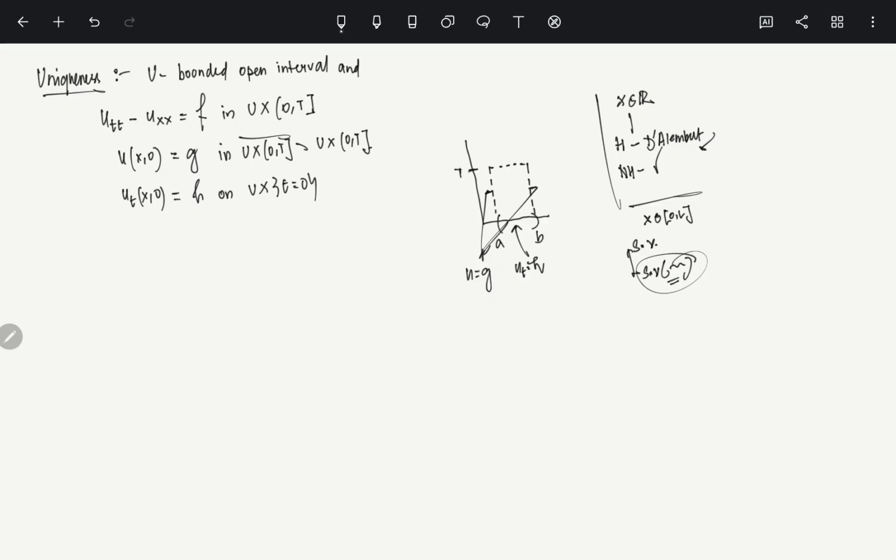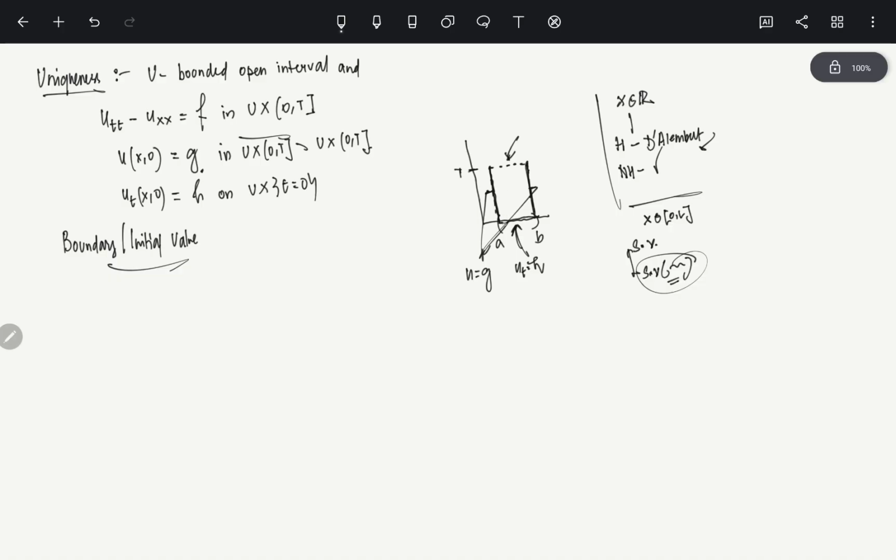Is it okay? Yeah. So essentially we are not putting any data here. We are just saying that on this line and on this line, u is nothing but g, and u_t is h only on the base. So this is what sort of problem? This is called the boundary initial value problem. You remember when we were talking about the wave equation, we took this g to be 0 on these two boundaries. So this is a more general problem.